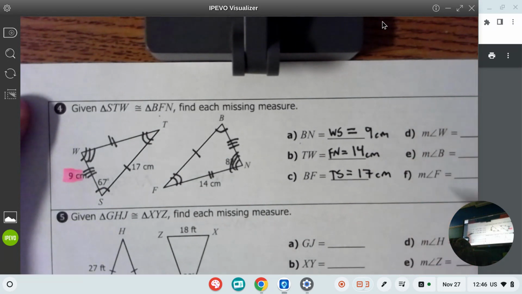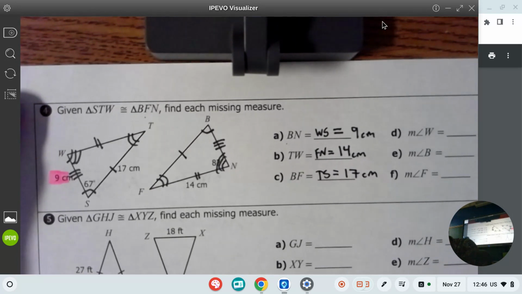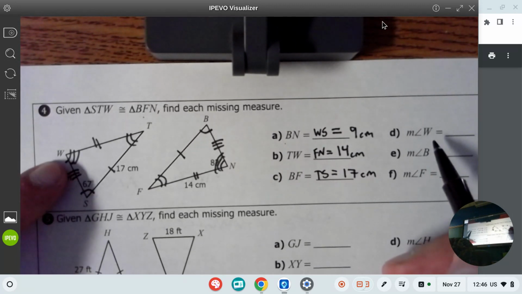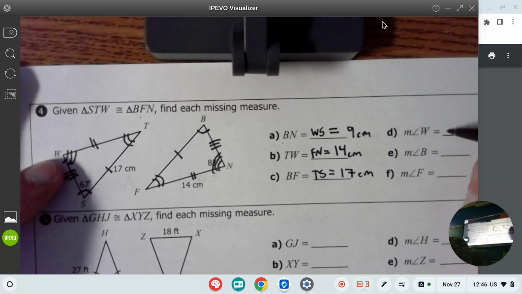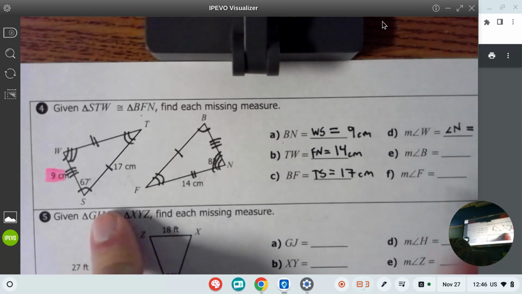So we can figure that out. W is the triple, N is the triple, and what is the actual measurement for N? 82. B is the single, S is the single, the actual one is 67.